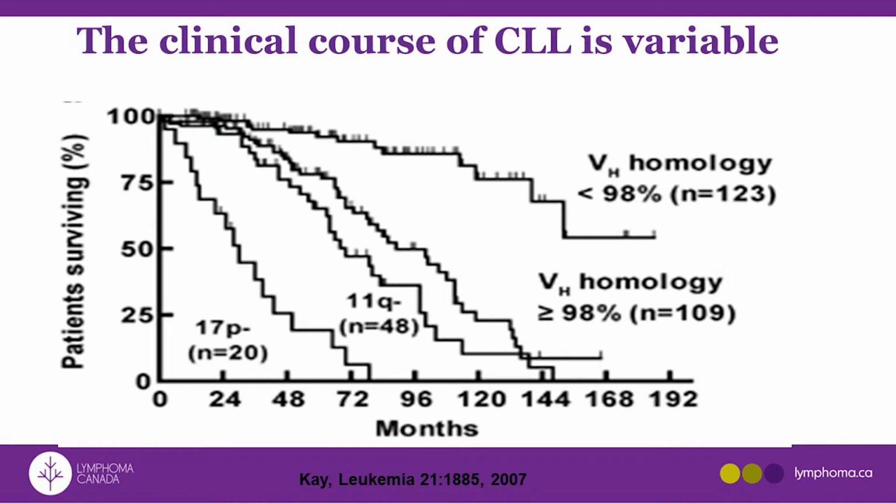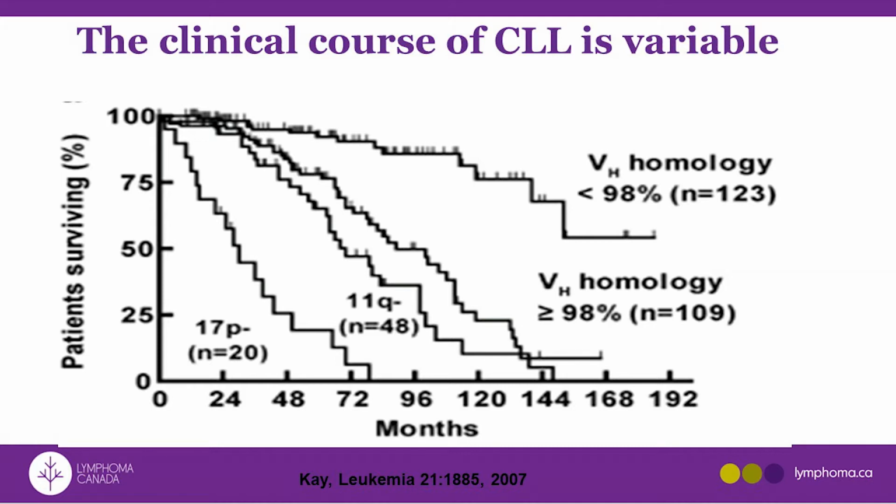So if patients have lost a region of chromosome 17 that encodes that gene P53 involved in DNA damage control, their survival was actually only about 5 years after the time of diagnosis. If they lost a region of chromosome 11, which encodes that gene called ATM, again involved in DNA damage control, again the survival was not long.